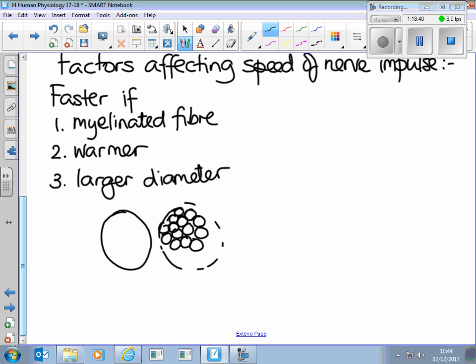Now, this amount of cell here with its mitochondria has just got to polarize and depolarize this much membrane. The same amount of cytoplasm in the other one, in this setup, the same amount of cytoplasm, yes? The same number of mitochondria. It's got a lot more membrane to work on. Does that now make sense? It's one of those situations where a small surface area to volume ratio is actually better.